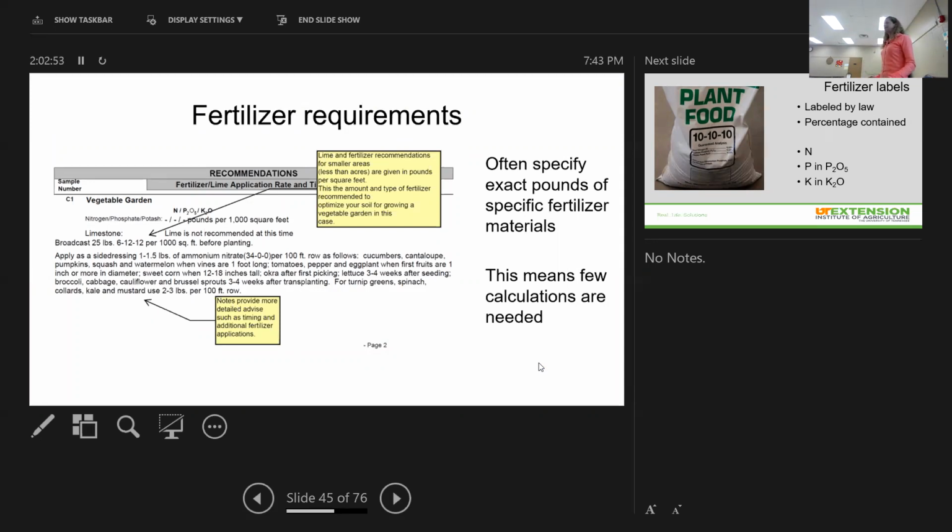If you send in the field soil test form, it's going to give you recommendations in acres, and then you're going to make your extension agent work through all these calculations to bring it back down to per 1,000 square feet. Or we can cheat. There are little calculators online that you can plug your numbers into. So when you're filling out those forms, make sure you're filling out the one for the homeowner, not for the farmer, for traditional farms.